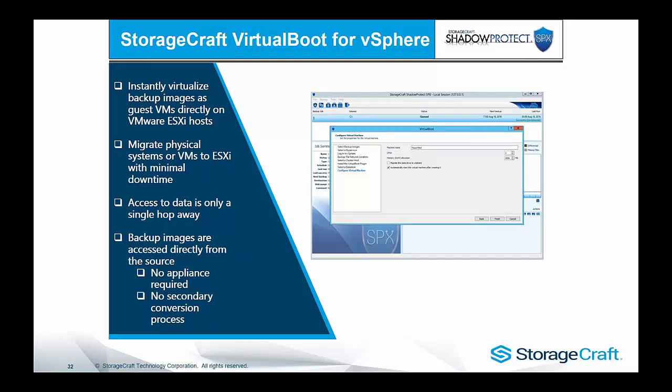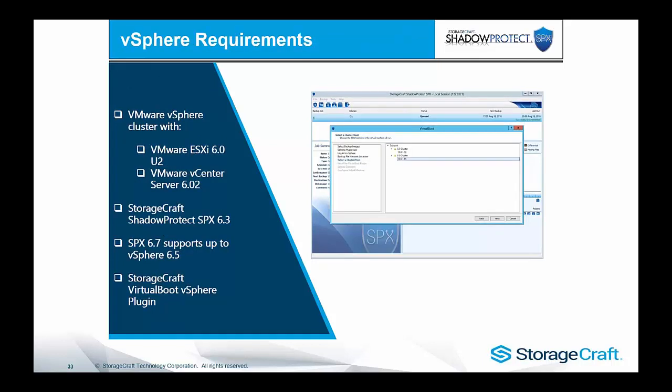Now the cool thing here, much like Hyper-V and VirtualBox, is that access to the data is a single hop away from the hypervisor. It doesn't have to restore through a VM and perform a secondary conversion process. There's no appliance, enabling a very rapid recovery. So with vSphere, you currently require ESXi 6.0 update 2 or newer. It needs to be in a cluster, so you need to look at whether you need vSphere Standard or not to include clustering.